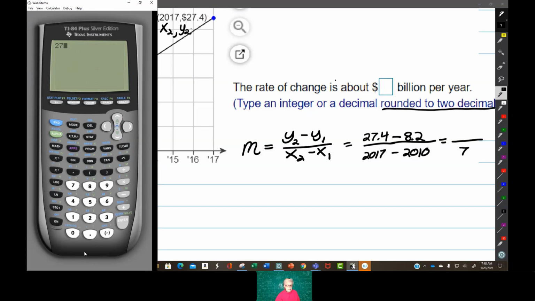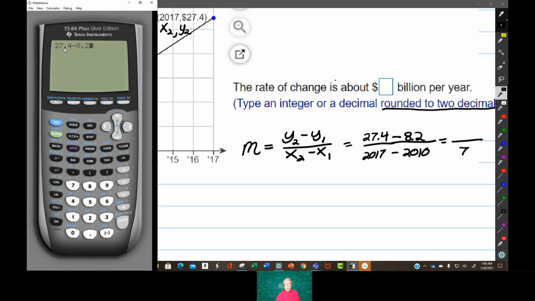So 27.2 minus, look what I can do. This is a learning moment. I take the back arrow key, the left arrow key, and I arrow back over that 2, and I type a 4. And then I move back to where I was, 8.2.